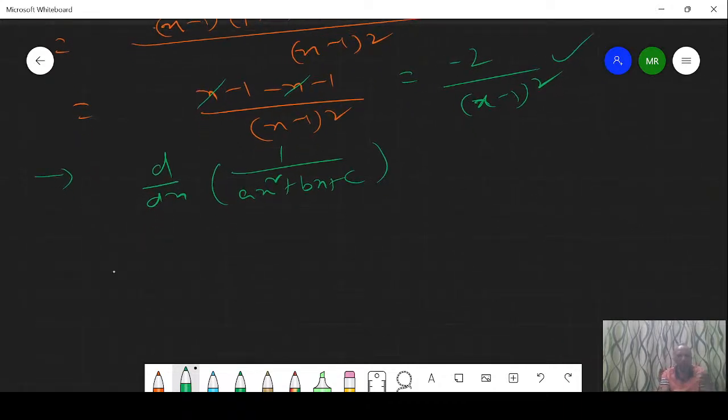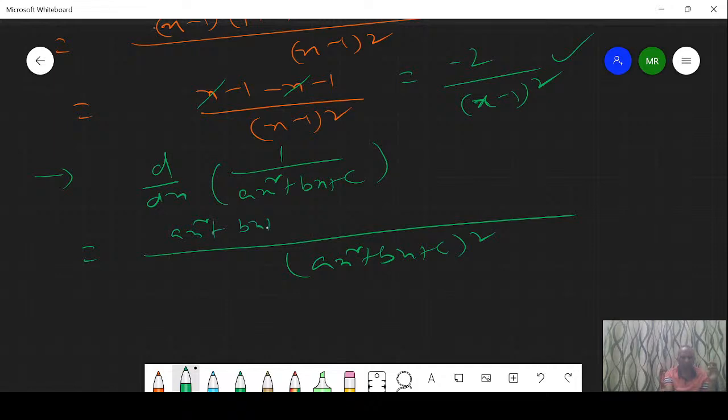If I use quotient rule again, I can write (ax square plus bx plus c) whole square in the denominator. Then (ax square plus bx plus c) into d by dx of 1, minus 1 into d by dx of (ax square plus bx plus c).